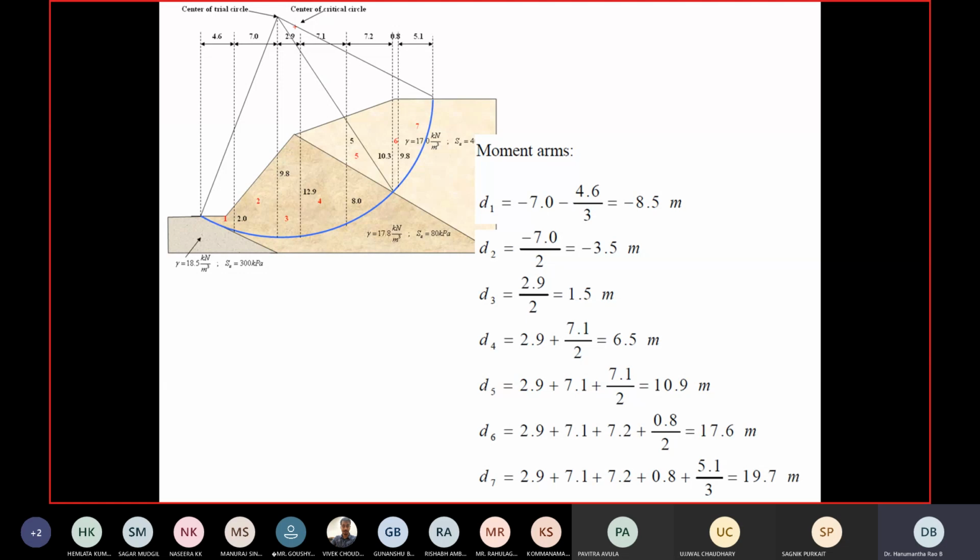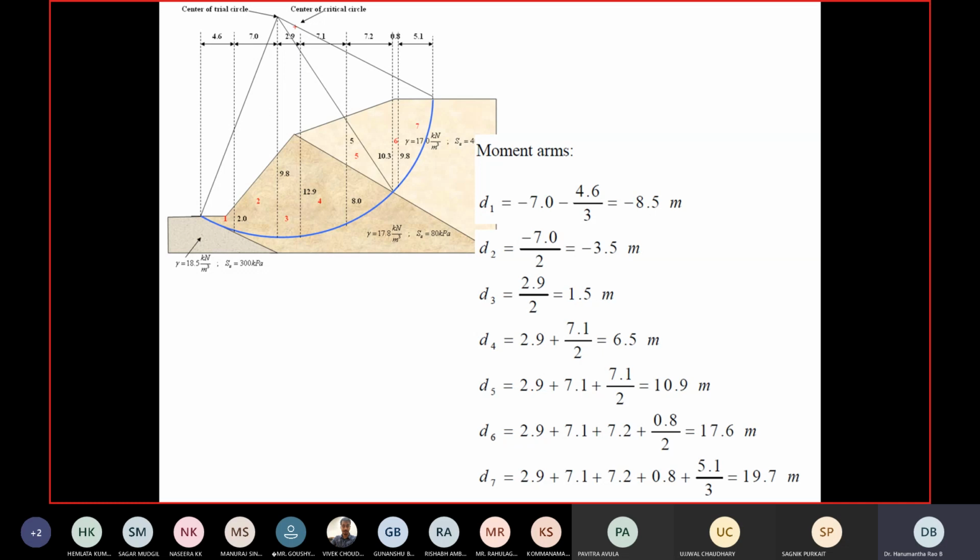Okay, so these are the lever arm distances. So note down all the lever arm distances.